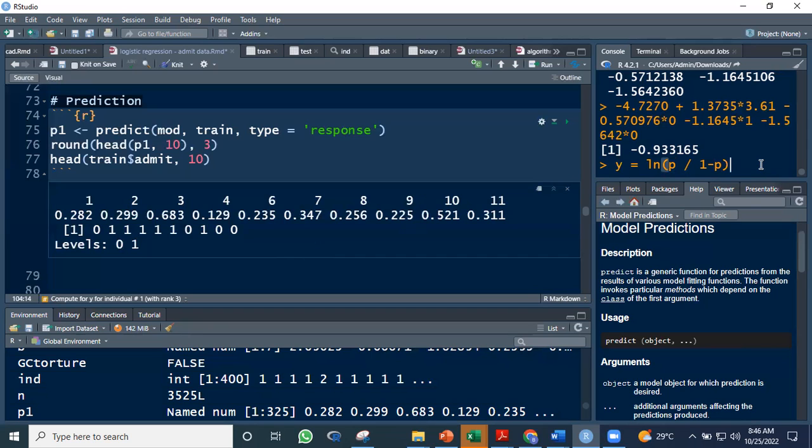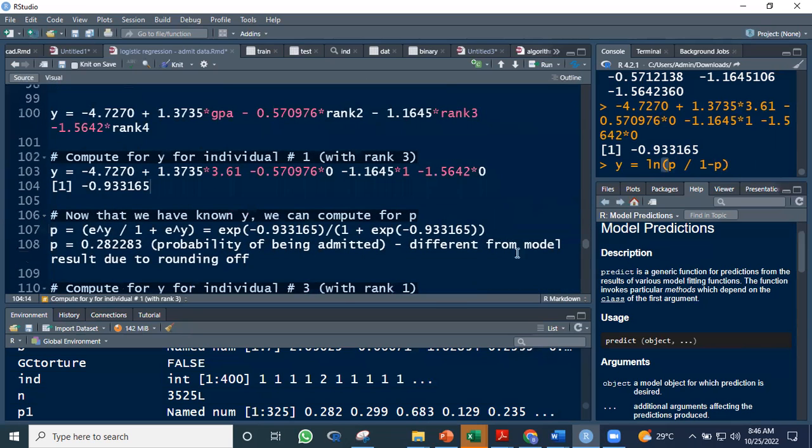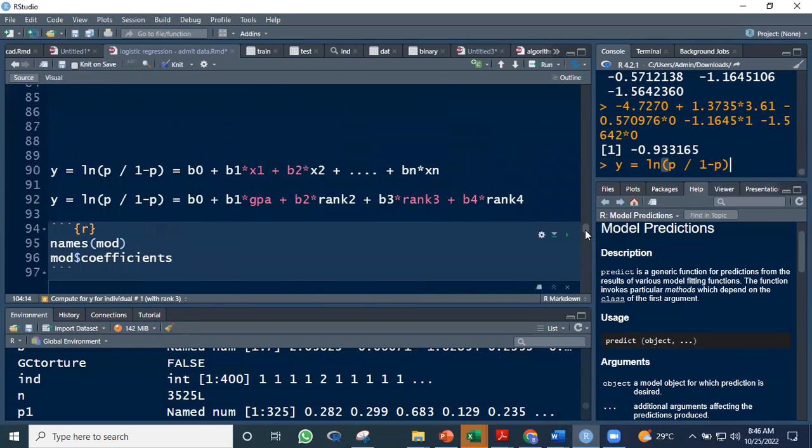Okay, so that's the difference. Again, itong Y na to, yung sinolve natin, Y is equal to this one, right? And remember, Y is your log odds ratio. Now, what R generates here, yung prediction, is your p-value. Okay, so it's different. Y is different from your p.